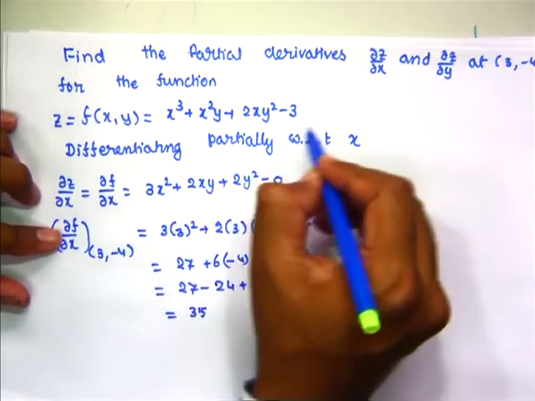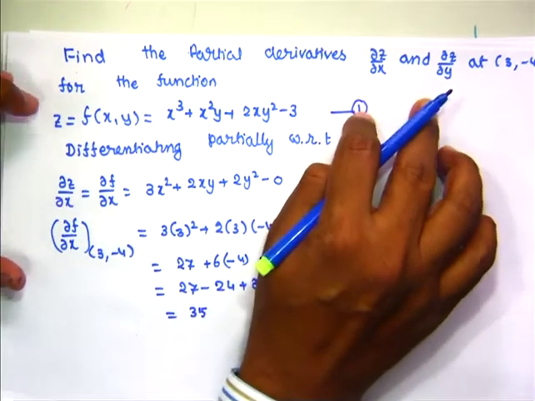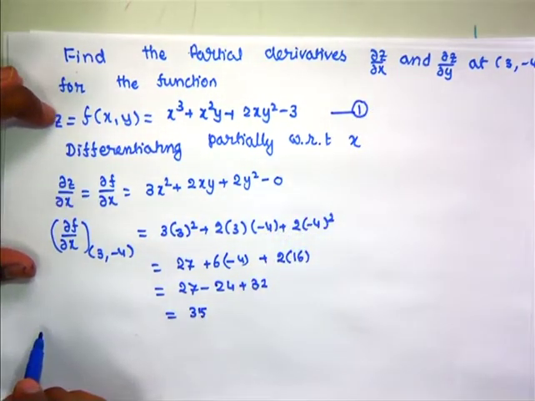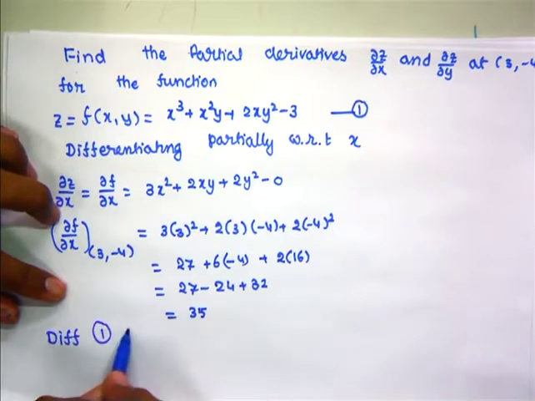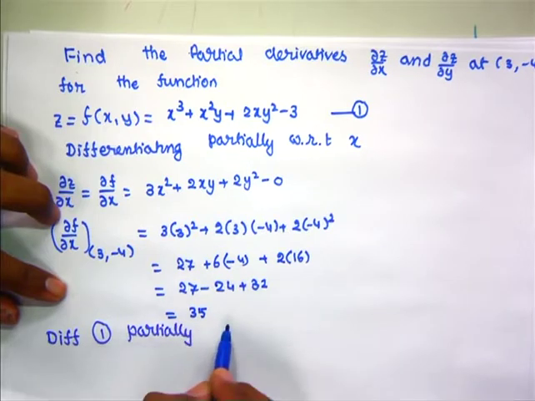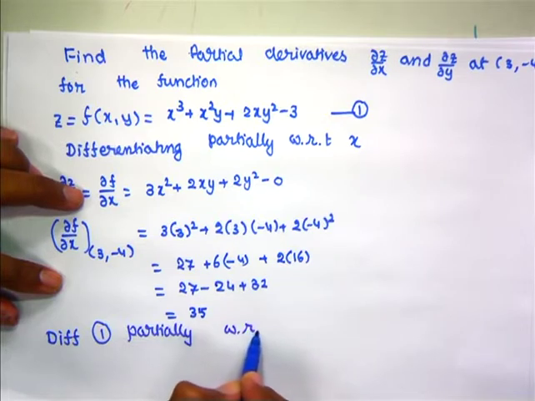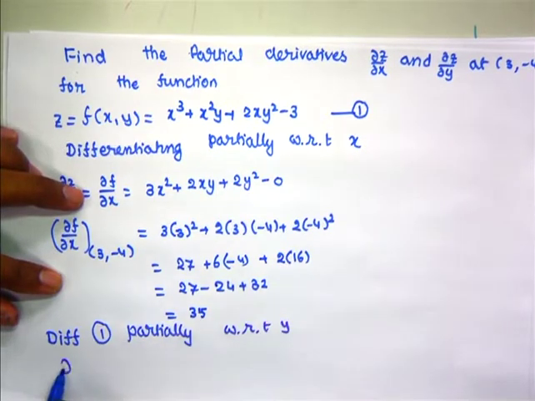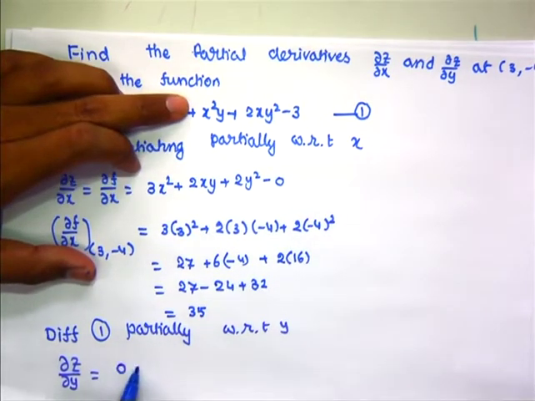Now suppose this function is denoted as equation 1, then we can find the partial derivative of z with respect to y. So differentiating 1 partially with respect to y. So del z by del y is equal to derivative of x cube with respect to y is 0.